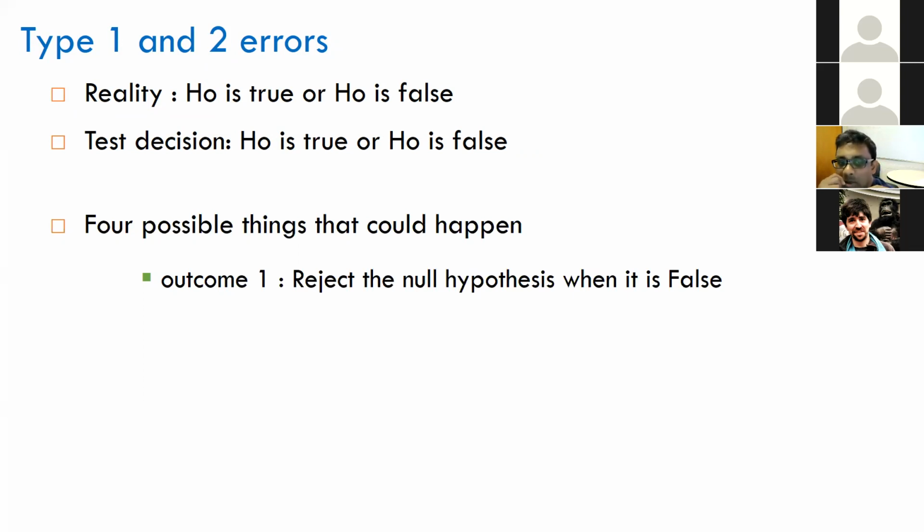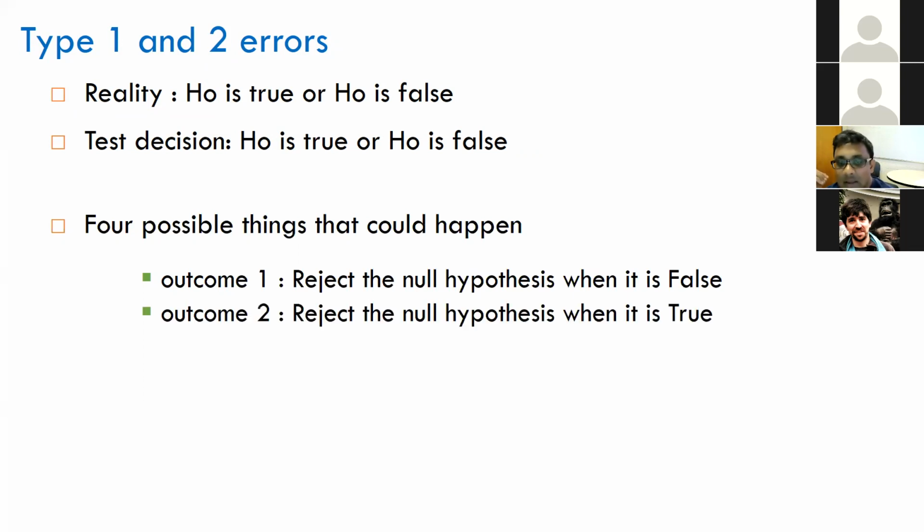One outcome is to reject the null hypothesis when it is false, which is a correct decision. The second is to reject the null hypothesis when it is true. You try to reject something true, which is not a good outcome.